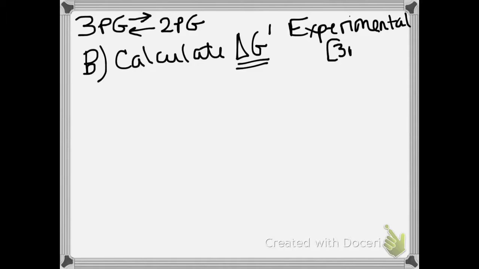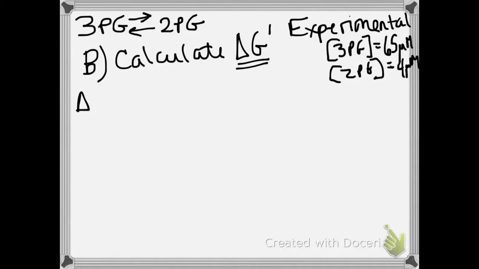Remember, the numbers that we're to take into account are the concentration of 3-phosphoglycerate and the concentration of 2-phosphoglycerate in a red blood cell. And so this part is a little bit more complicated. I'm going to try to write a little smaller so I can fit it on here.